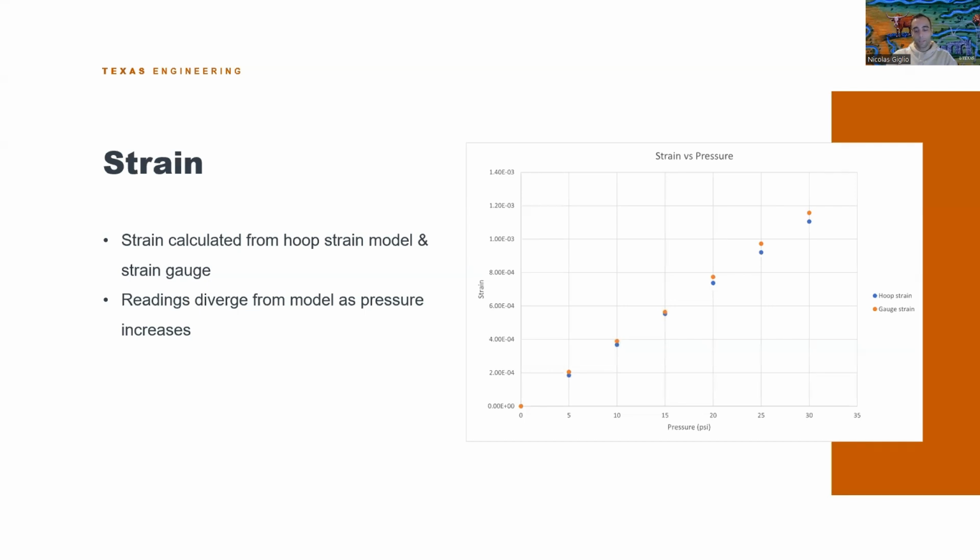I think that the second big factor is the visual reading of pressure. I think that visually reading pressure from a gauge is not very accurate and can introduce a lot of discrepancies into your calculations.